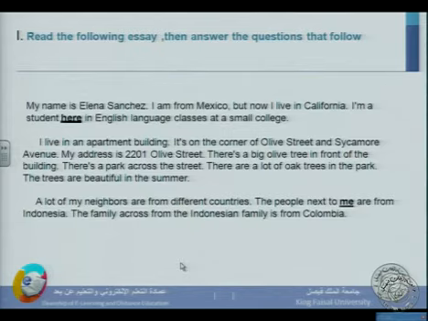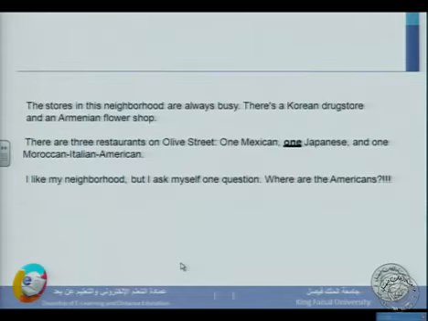A lot of my neighbors are from different countries. The people next to me are from Indonesia. The family across from the Indonesian family is from Colombia. The stores in this neighborhood are always busy. There is a Korean drugstore and an Armenian flower shop.